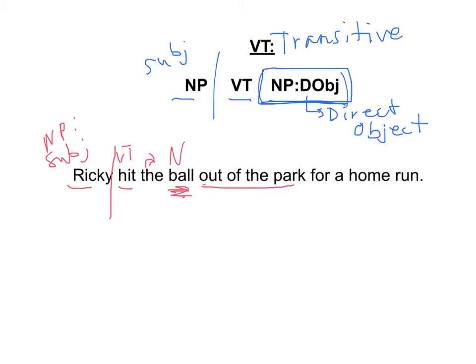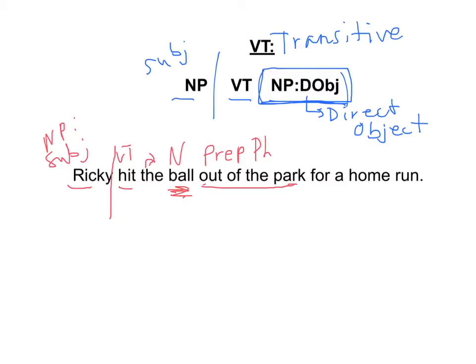Out of the park is a prepositional phrase. This is a prepositional phrase that's describing how did he hit the ball?